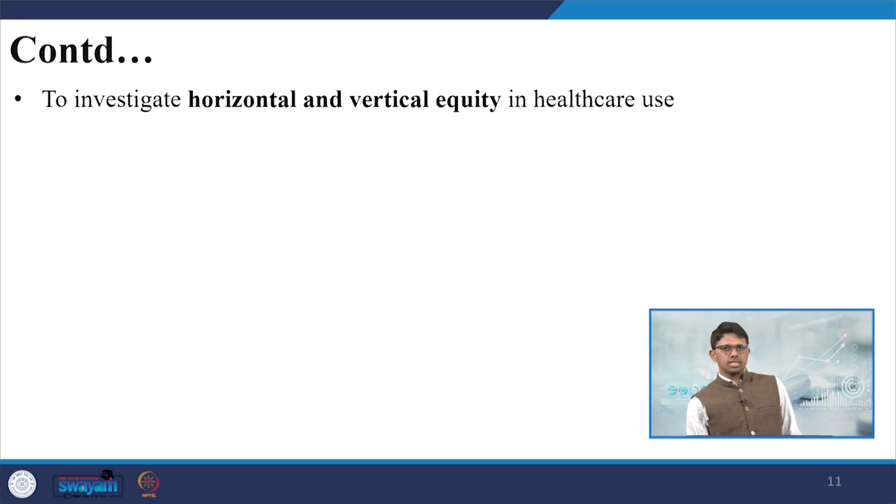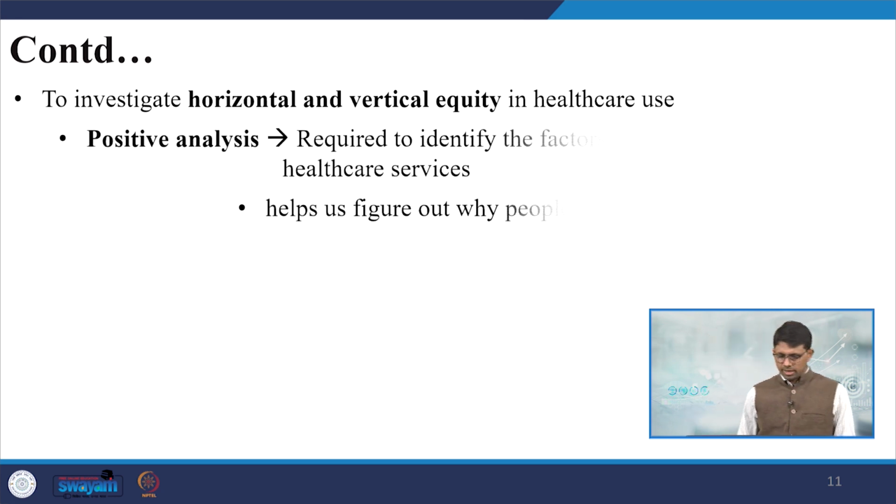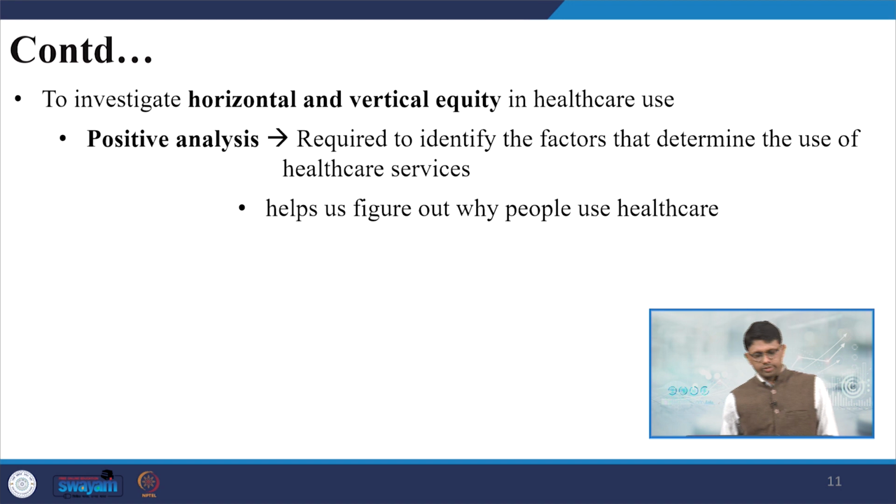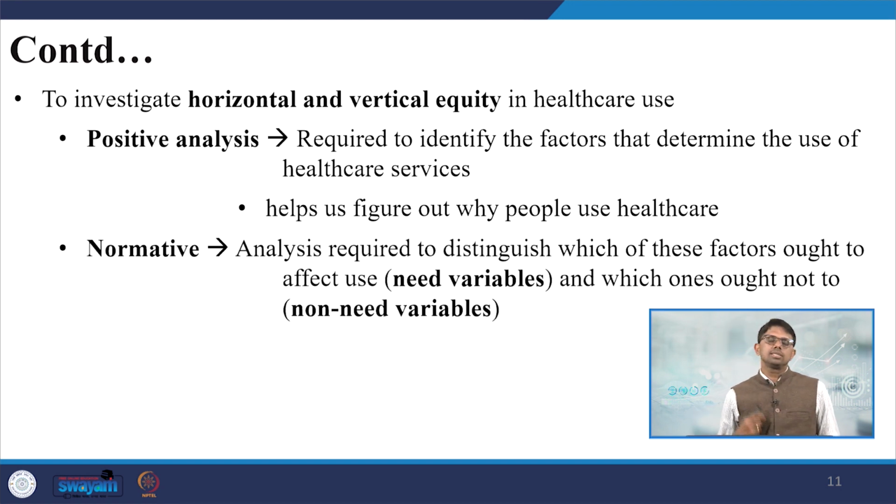To investigate horizontal and vertical equity in health, we refer to positive analysis and sometimes normative analysis. Positive is where we try to find the factors determining healthcare services. This helps us track the status of people for their healthcare at the given time of their response.